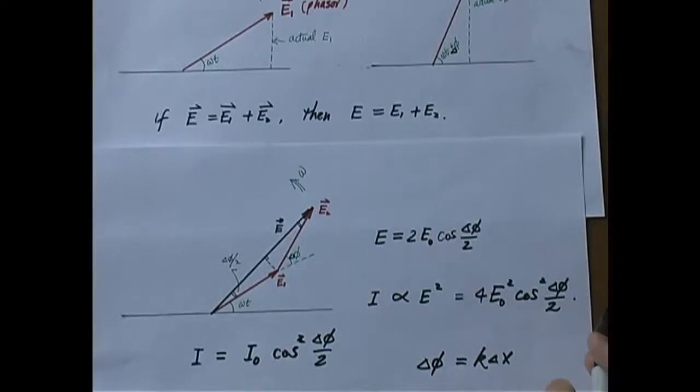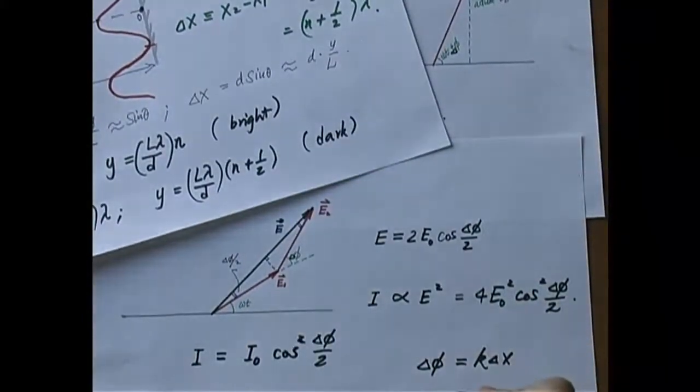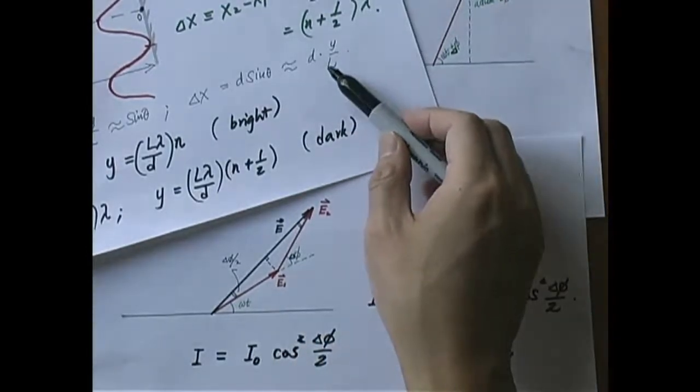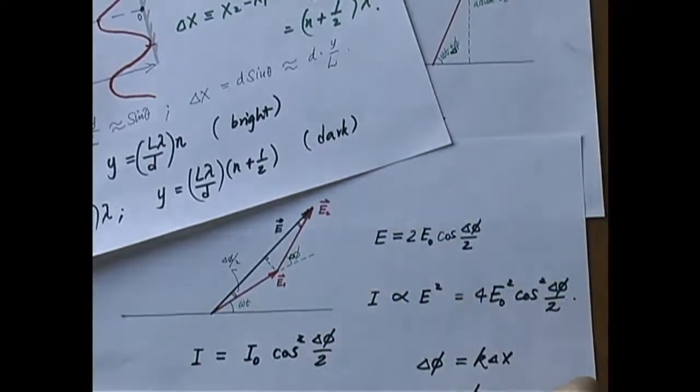Now, I already know what delta x equals, going back to the previous case. Delta x equals d times y over L, or I can write d sine theta instead. That is delta x, and that gives delta phi.